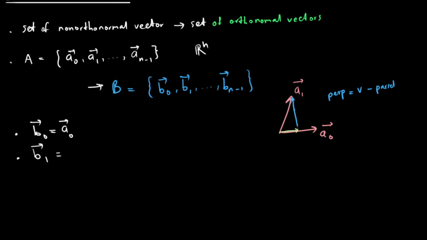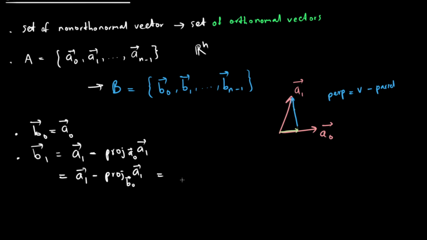B1 is first take A1 and subtract the projection of A1 onto A0. That means the green vector right here. The green vector right here is the projection of A1 onto A0. And A0 is equal to B0, so we can replace A0 with B0. We get this, and that's the projection of A1 onto B0.